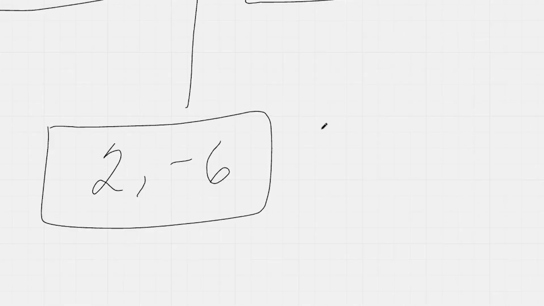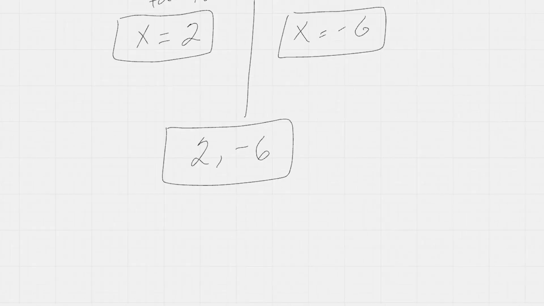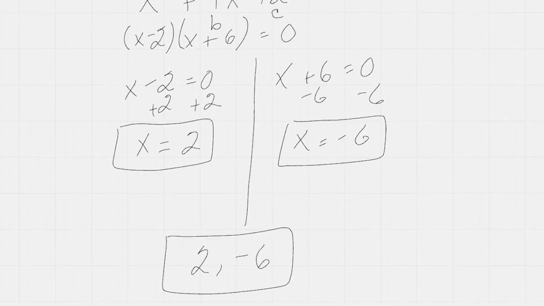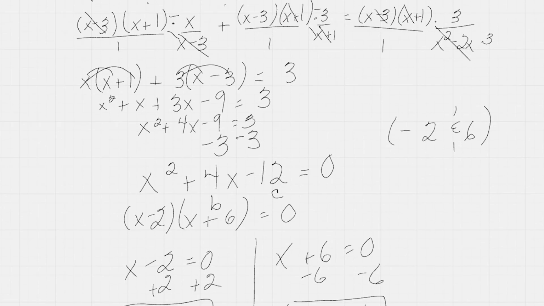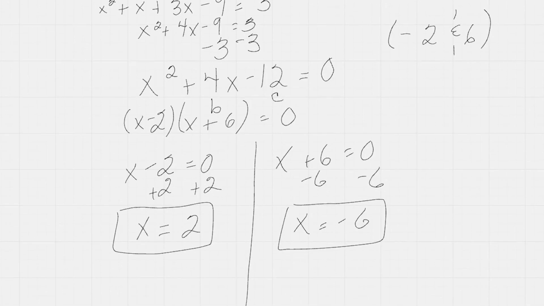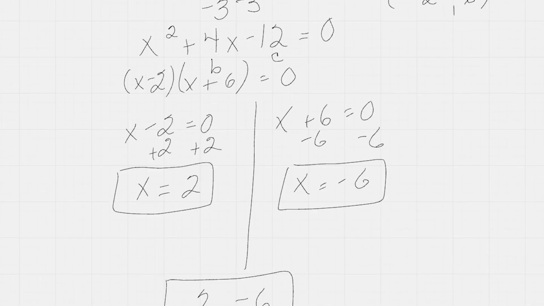So in this video, we solved a linear equation with rational expressions by first finding the LCD, then multiplying your LCD by each value. And then once you eliminate your denominators, you can solve as just a linear equation. You want to get it set equal to 0, which we did right here.